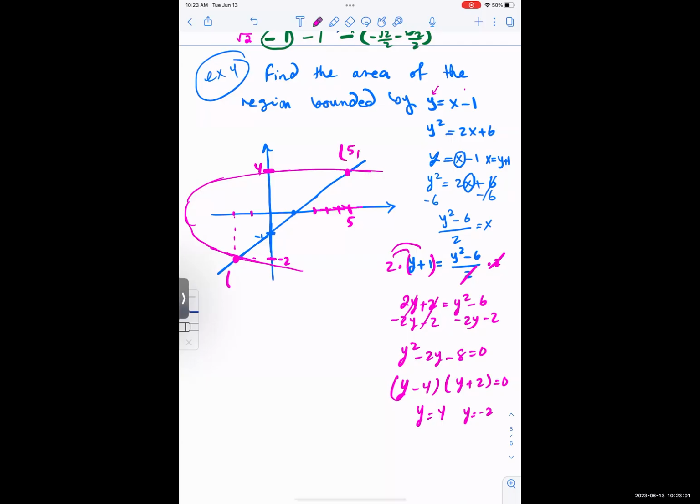So 5 for x, 4 for y. That's one of the intersections. And for the other one, when y is negative 2, you isolate x, you add 1 to both sides. So x is negative 1. So these are the two intersections. When it says bounded by this region, you're looking for this area.